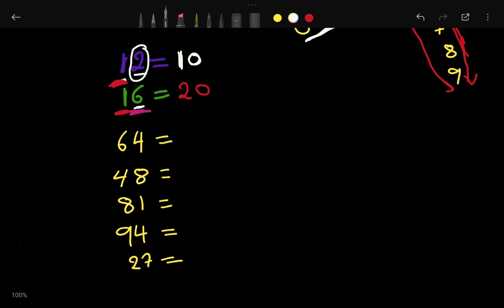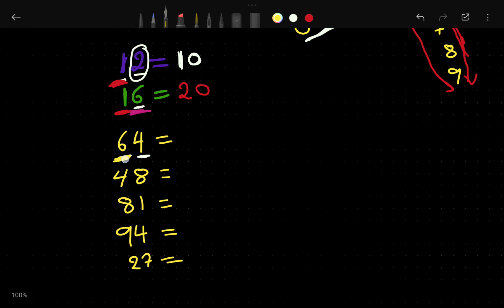Here we don't have to look at the first digit, we have to find the nearest ten. We know this is the ones place and this is the tens place, but when it asks for the nearest ten, we don't just look at the tens digit, we look at the ones digit. Here the 6 is our tens digit, and the 4 is the ones digit.